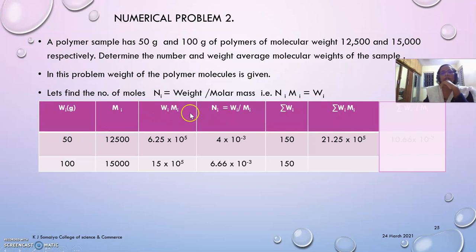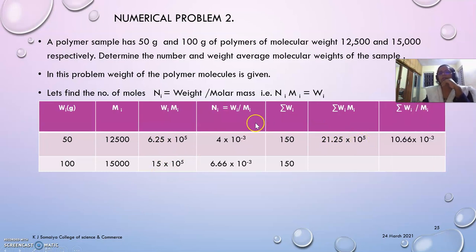So this is Wi Mi: 6.25 plus 15, that becomes 21.25 into 10 raised to 5. Then summation of Ni, that is Wi upon Mi. That becomes 4 into 10 raised to minus 3 plus 6.66 into 10 raised to minus 3, which is 10.66 into 10 raised to minus 3.